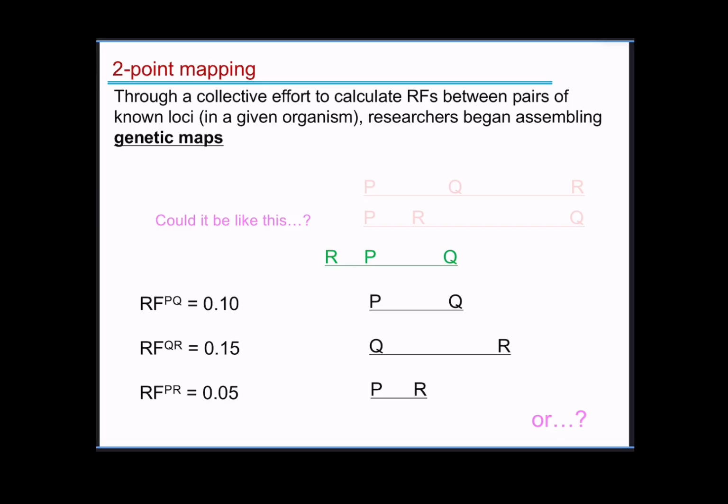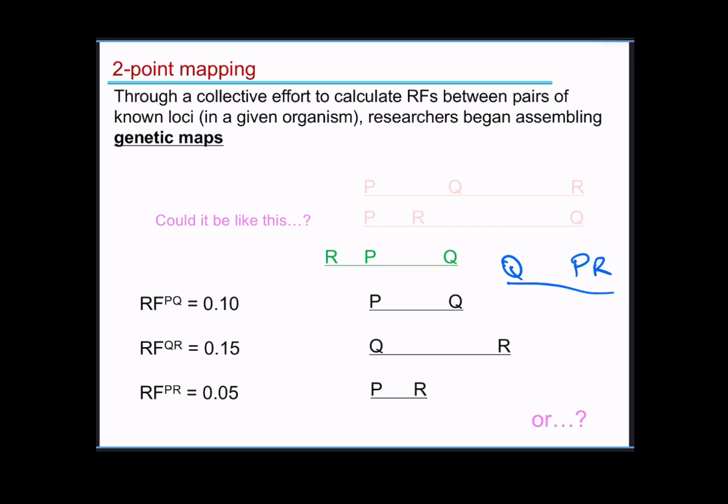Now, I say that the map could be this, or what else could the map be? I see some people going like this, right? Yeah, exactly. That's exactly right. It could be Q, P, R. Now, the relative distances should be maintained, but we can't rule out the possibility that they're oriented this way.